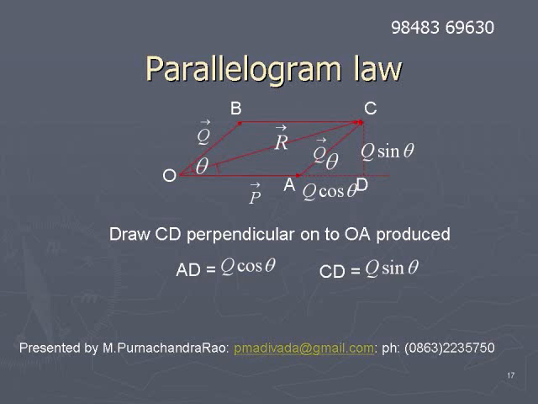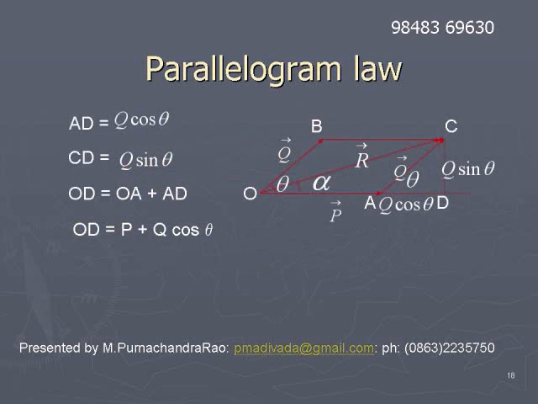In the parallelogram OACB, let us consider the right angle triangle OCD. We have already found the components of Q bar, AC: AD is Q cos theta and CD is Q sin theta.